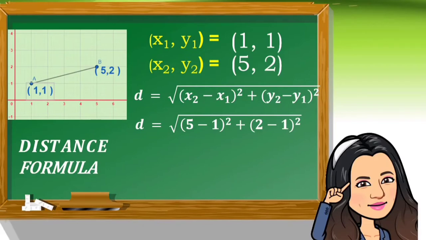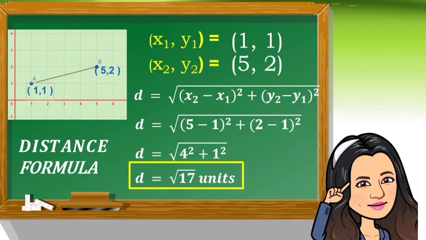Simplifying these expressions inside the radical sign, we will be having d is equal to the square root of 4 squared plus 1 squared. Therefore, d is equal to the square root of 17. Therefore, the distance between (1, 1) and (5, 2) is square root of 17 units.